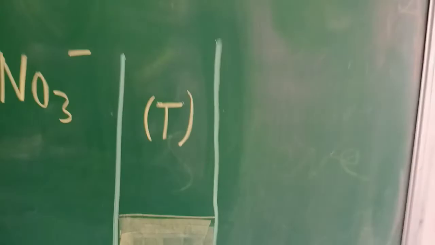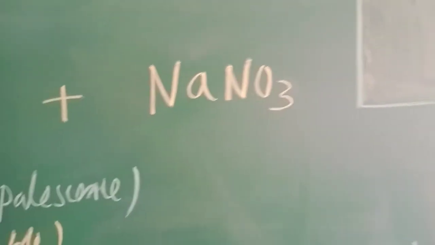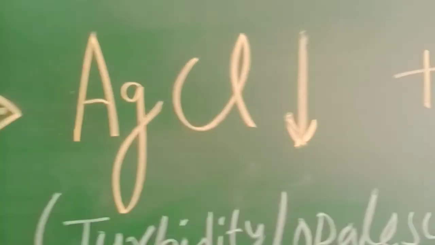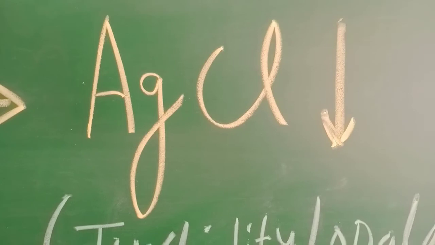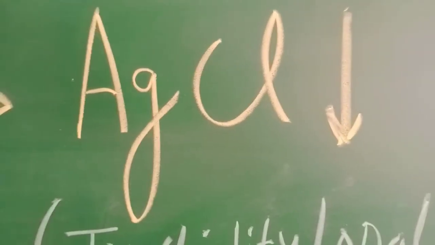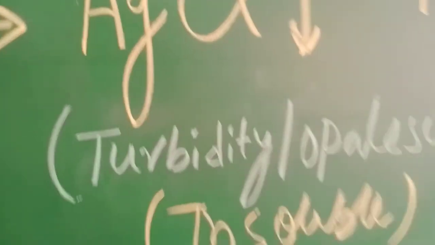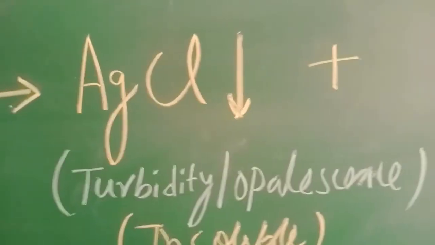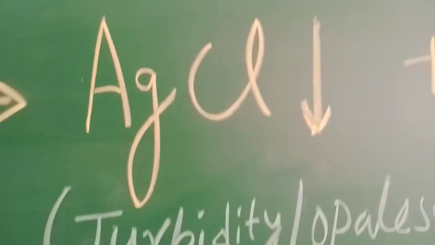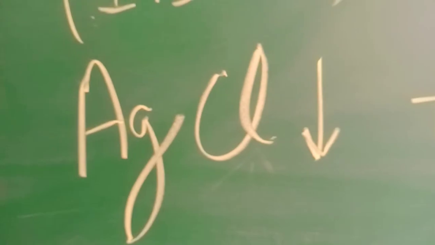Now, as I said, in both the cases, that is in case of reference or standard, or in case of test solution, the reason behind turbidity is due to silver chloride so generated in the reaction: the silver chloride generated in the standard and the silver chloride generated in the test.